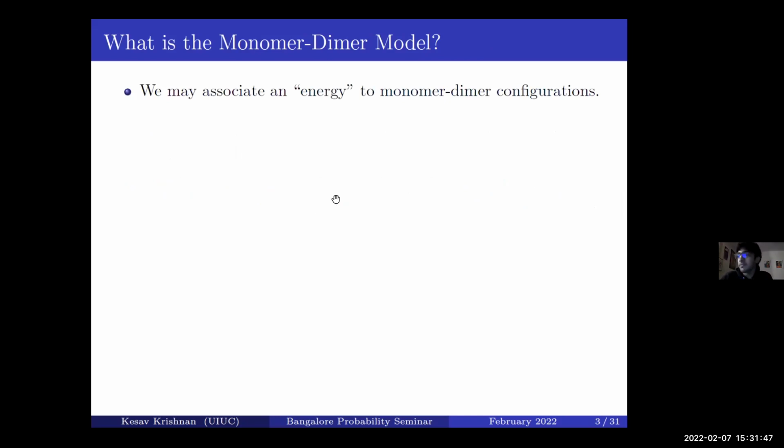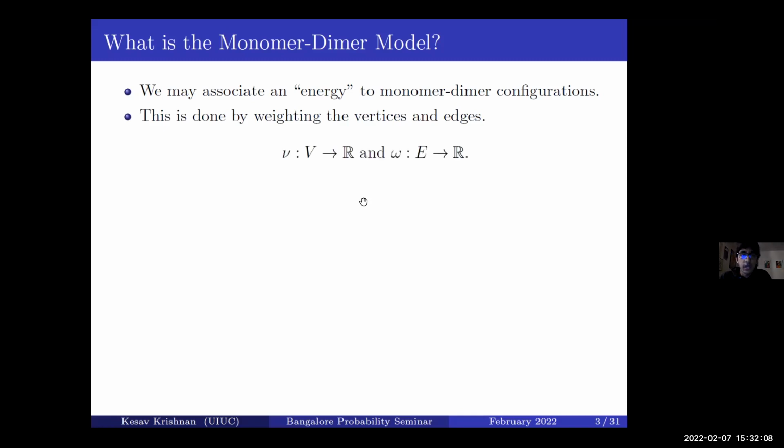So what is a Monomer-Dimer model? We want to eventually associate a probability measure to a Monomer-Dimer configuration. So we start by associating an energy or a Hamiltonian to a given configuration. This is done by assigning weights to the vertices and the edges. The vertices will carry the weight nu and the edges will carry the weight omega.